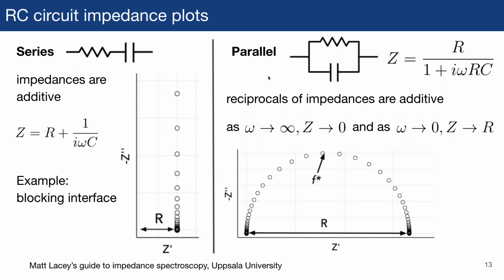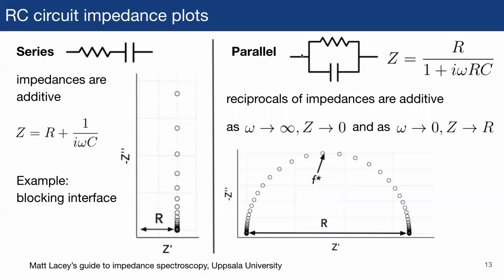Now, the parallel element, what you need to consider is that a current is going to take the easiest path it possibly can. So at very high frequencies, if I drive a current through this system, the resistor is going to provide a lot more resistance than my capacitor will. And so at very high frequencies, my capacitor is not charging.